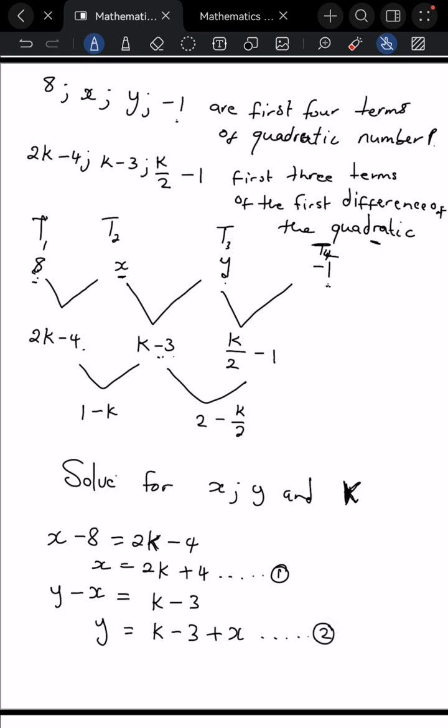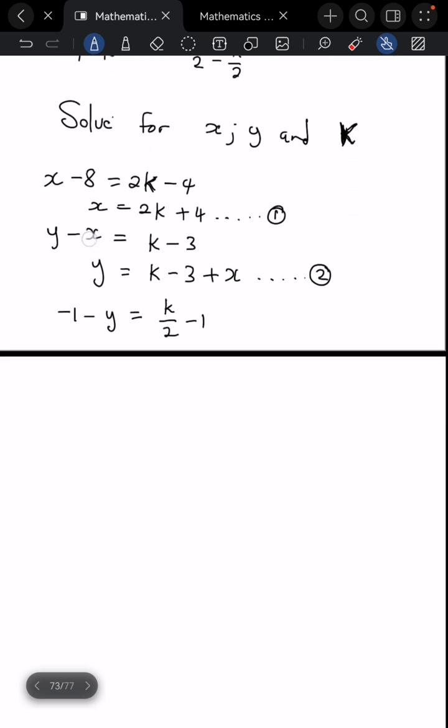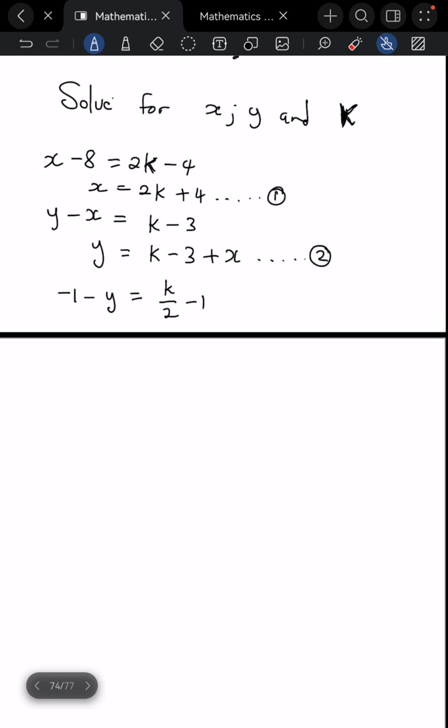Then t4 - t3, which is -1 - y, should be equal to k/2 - 1. Let's make k the subject.